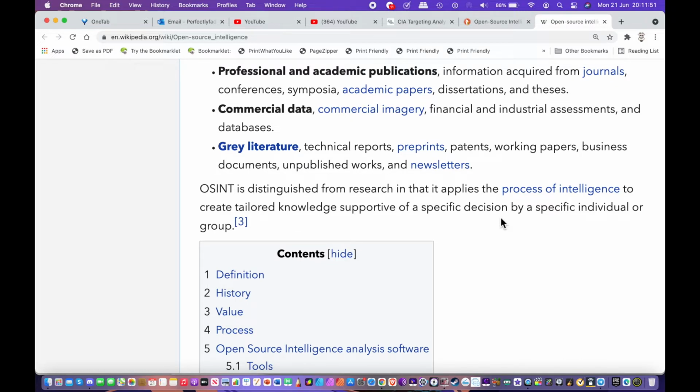OSINT is distinguished from research in that it applies the process of intelligence to create tailored knowledge supportive of a specific decision by a specific individual or group.